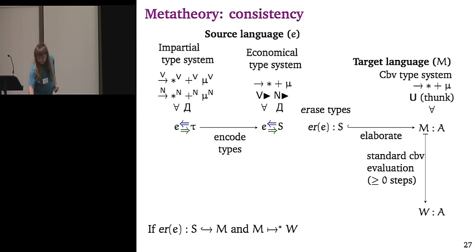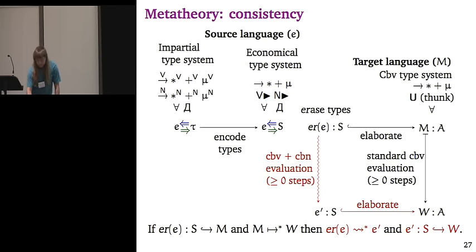All right, so metatheory. If something elaborates to m, and m steps to w, then the erased term in the source system, with both by value and by name reductions, whatever you want, steps to some e prime, which elaborates to w.